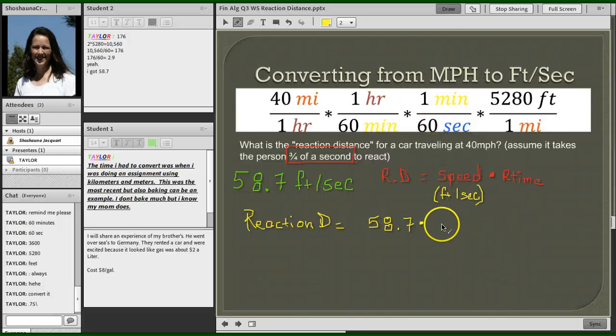Nice. You're pretty awesome, Taylor, by the way. And this will give you an answer in feet. So what's our reaction distance?